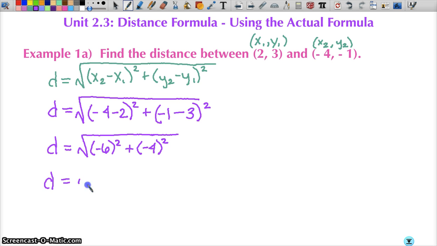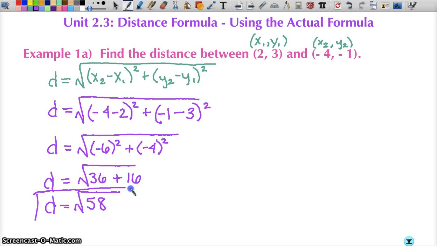So from there we have the square root of 36 plus 16. And so we end up with the square root of 52. Now this is not a perfect square, so I'm just going to leave this as is right here. So this is using the actual formula.